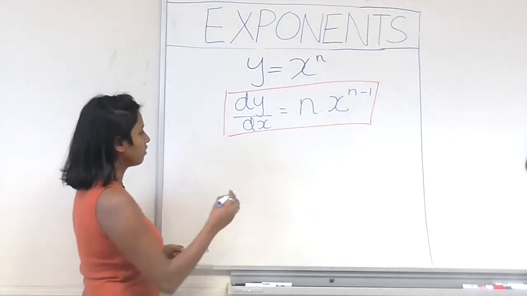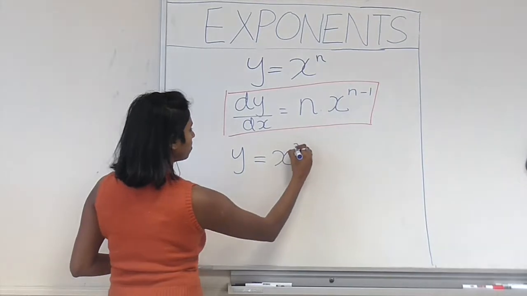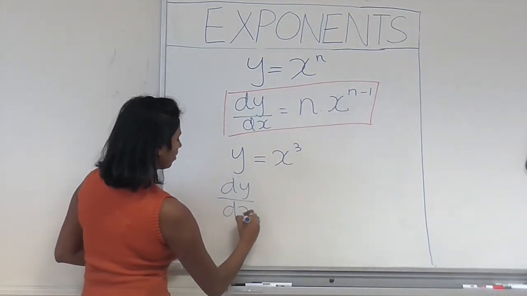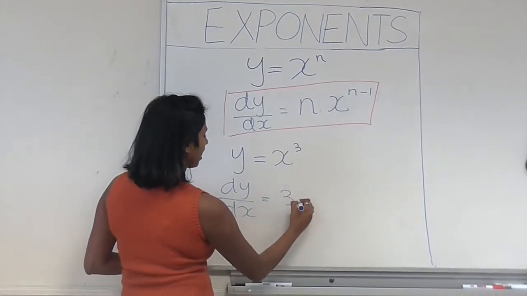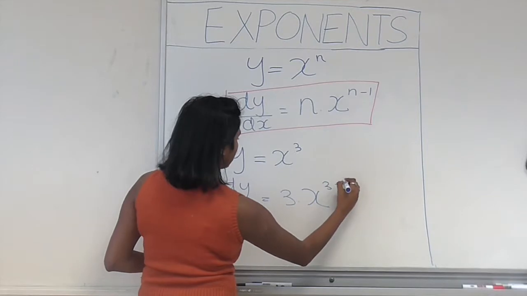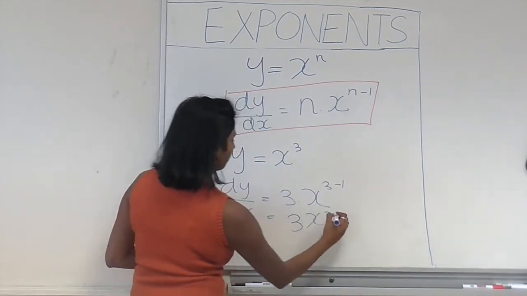So for example, if we have y equals x cubed, what you're going to do is 3 times x to the power 3 minus 1, which is basically 3x squared.